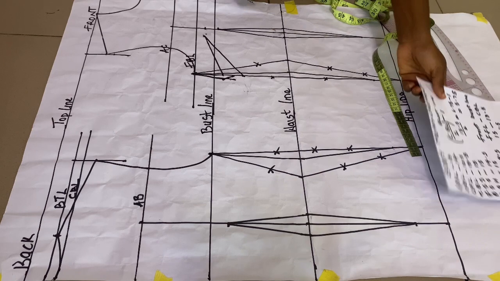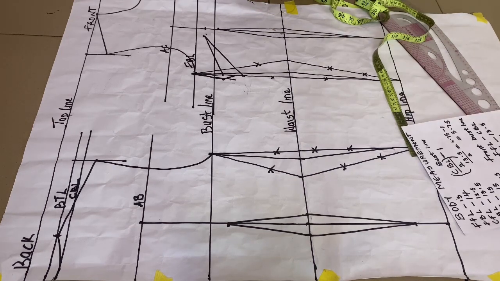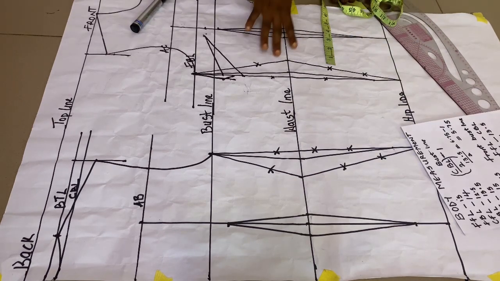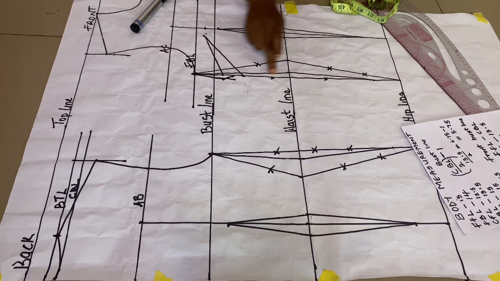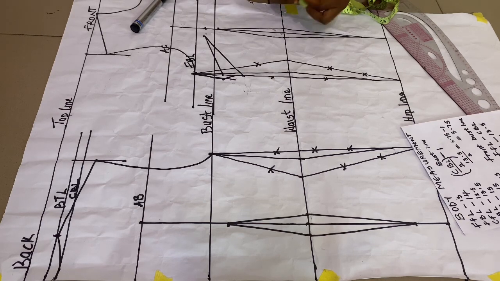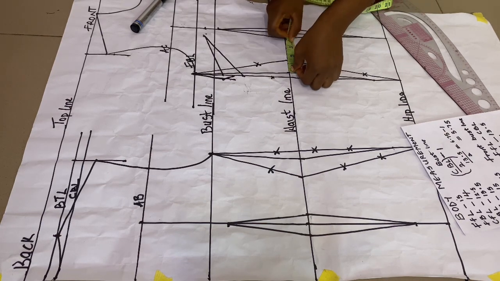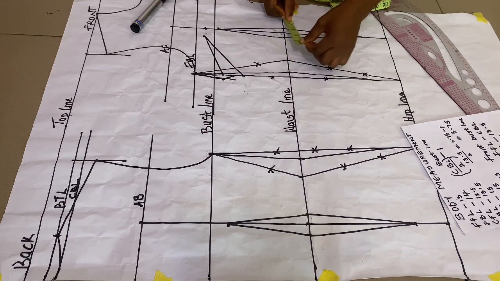So the next thing now is to check if the waist measurement is correct after removing the darts. We'll measure from this new side seam, this point to this point, and from this point to the edge of the paper. So we'll take our tape and measure it.